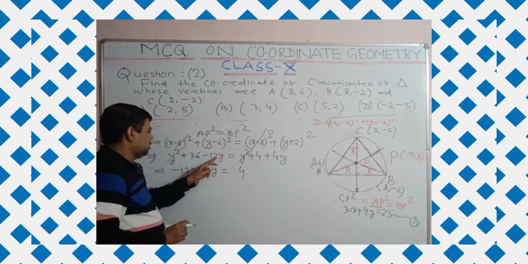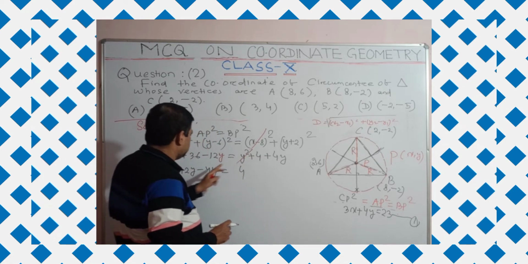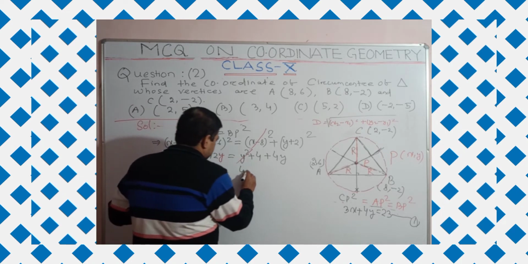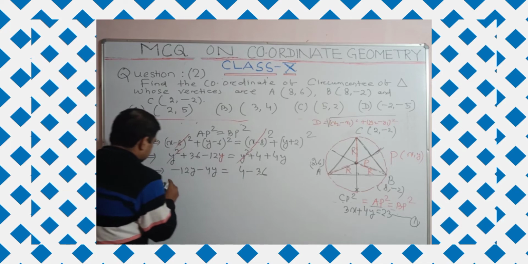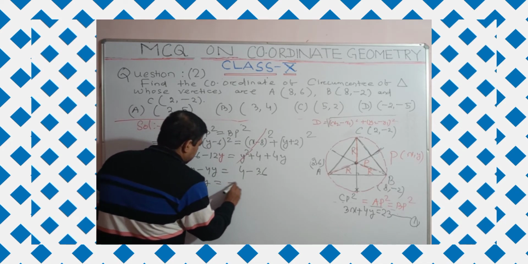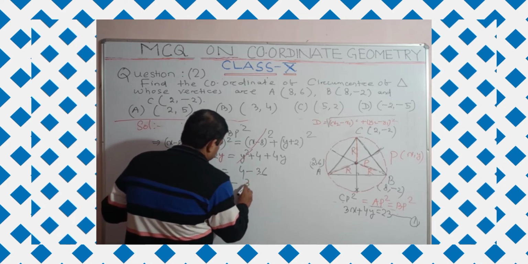Now minus 12y, and plus 4y goes to the left side, so it will be minus 4y. The 4 and the plus 36 will be minus 36. So it will be minus 16y equal to minus 32.